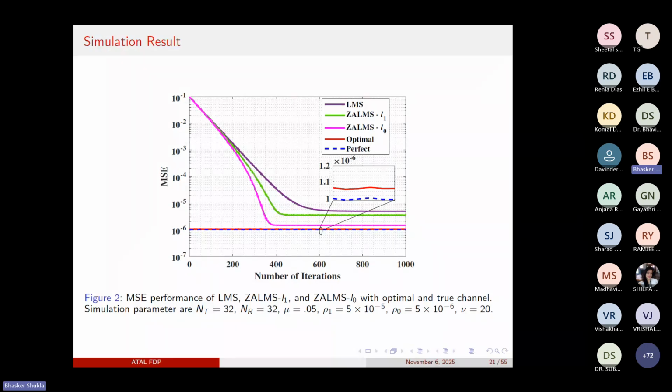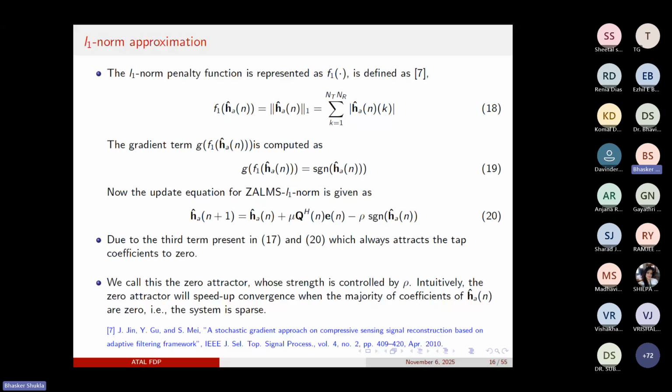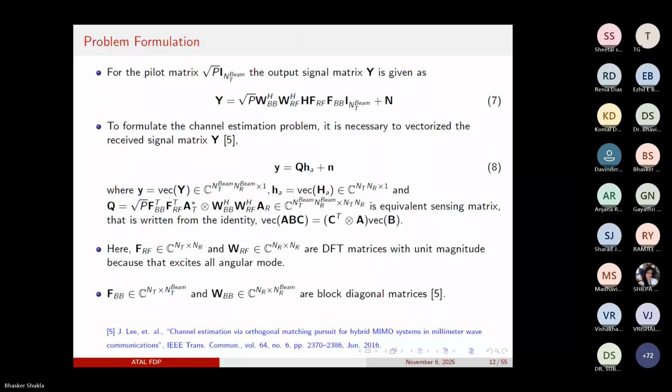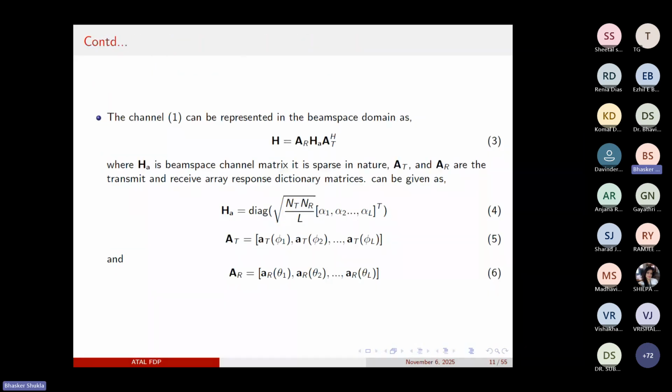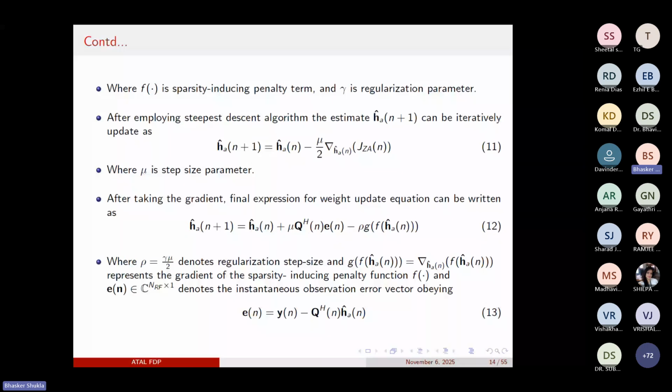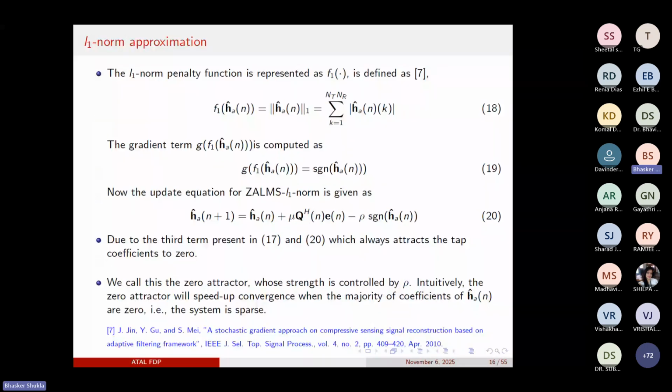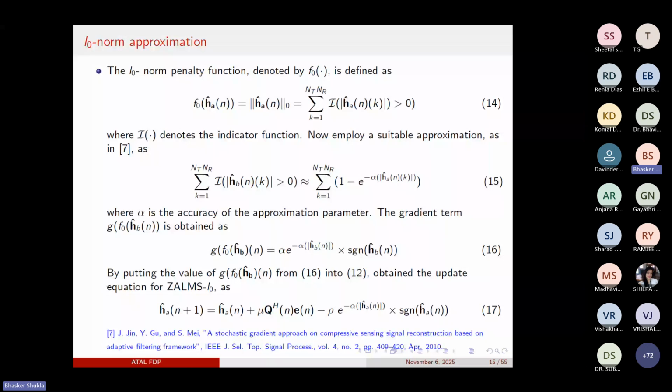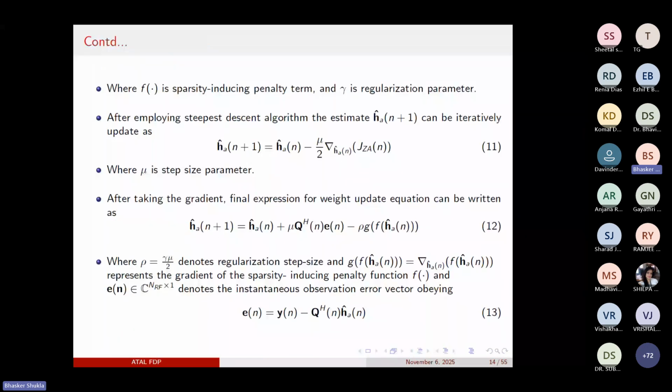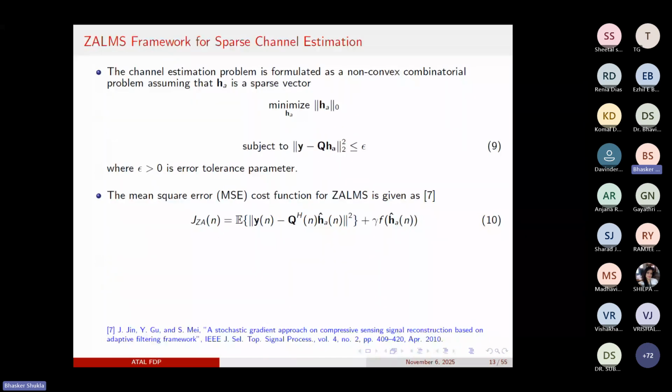What here we can see in the problem formulation, which I have already shown, yeah, this one, because basically the L0 norm is minimized in this function, because it is also given in the problem. L0 norm is non-convex, so to make it convex again, we take the L1 norm.